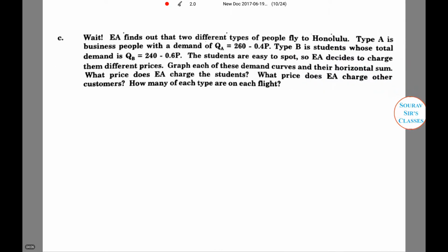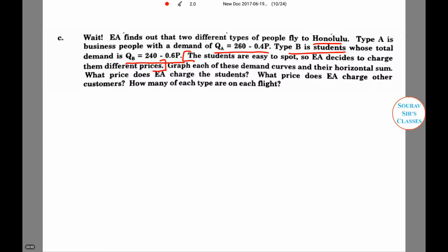Now we see a case of differential pricing. Here EA finds two different types of people fly to Honolulu. Type A are business people with a demand of QA equals 260 minus 0.4P, while type B are students whose demand is QB equals 240 minus 0.6P, and it's given that differential pricing is possible.